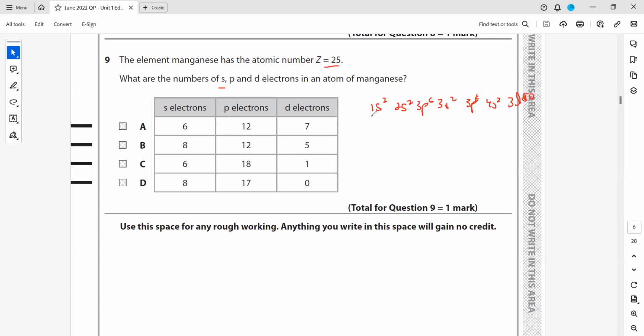So this is s: 2, 4, 6, 8. So 8 electrons in total in s. How many in p? 6, 12. So in p there are 12. And how many are in d? So d is only one, 5. So 8, 12, and 5 is the total number of electrons. So that's why B is the right answer.